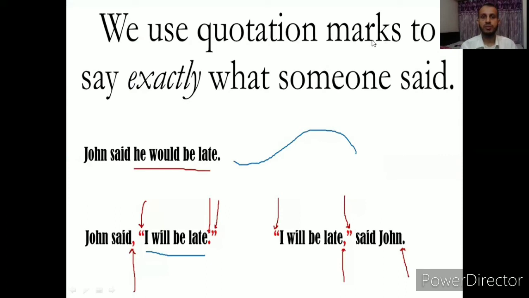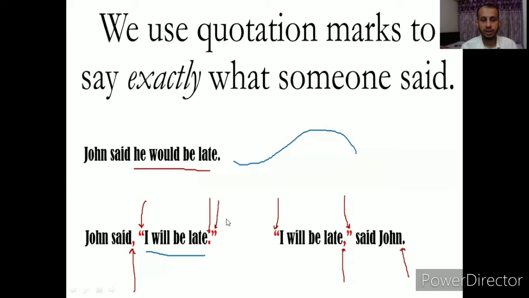We use quotation marks to say exactly what someone said. John said he would be late. This is the sentence. We can write it using quotation marks. John said, I will be late. So I will be late is the exact sentence said by John.